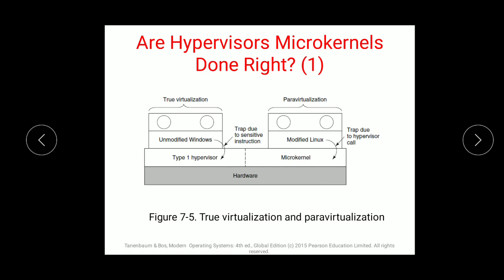But here, as there are sensitive instructions, it acts like a normal guest operating system for the hypervisor, and the source code of the guest OS is not available. The guest OS is a proprietary operating system, so the source code is not available, and the hypervisor emulates the complete machine. So the hypervisor goes through the whole machine to check the process.